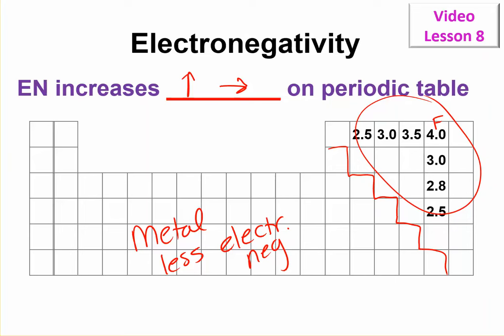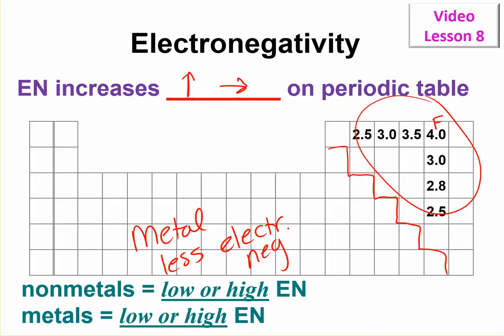That's why when you put together a metal and a nonmetal, there's a large difference in electronegativity. The metal will just give its electrons to the nonmetal. So nonmetals have high electronegativity, they're up and to the right, and metals have low.